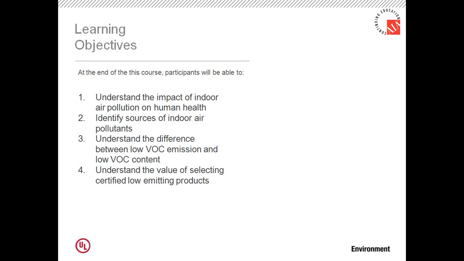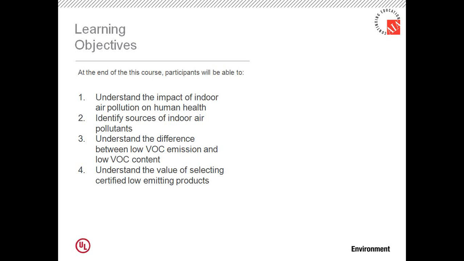We'll start here with the learning objectives. Today we really want to understand the huge impact that air quality has on human health. We're very concerned about energy efficiency and water usage and decreased waste consumption. But a lot of times we don't consider what's going on with indoor air quality.